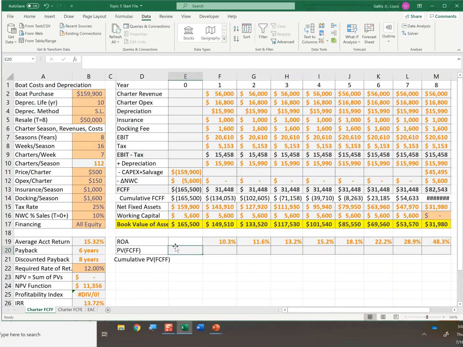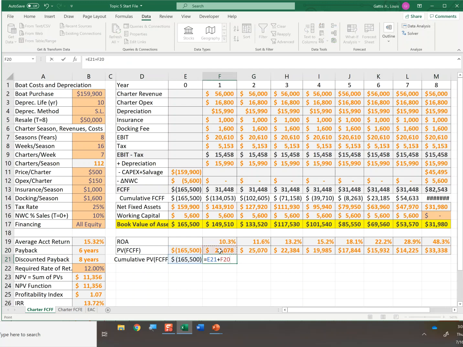So right here, I'm going to have the present value of cash flows. I'll take my free cash flow, 165, divided by 1 plus my discount rate, anchor that, raised to the 0 power. Up here is a link. I'll copy that across. I'll then take the cumulative present value of cash flows by just having a link above, link to the left plus the number above.